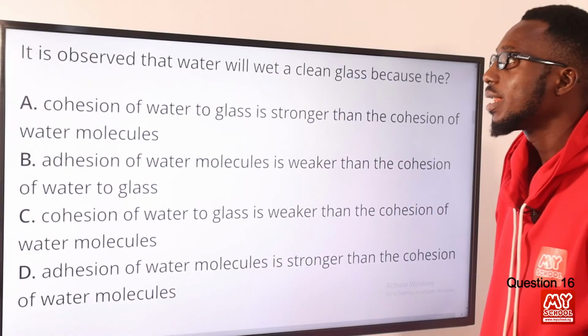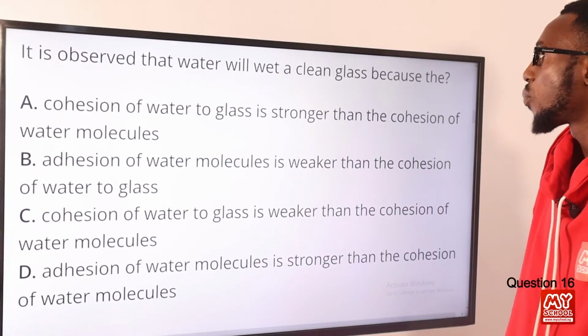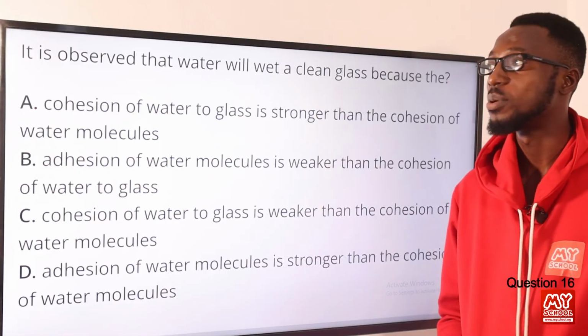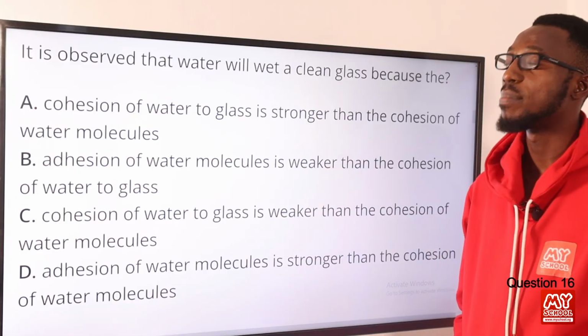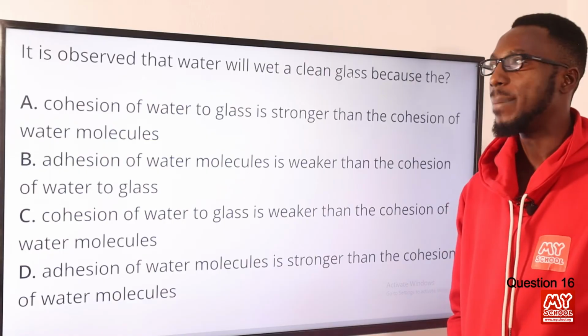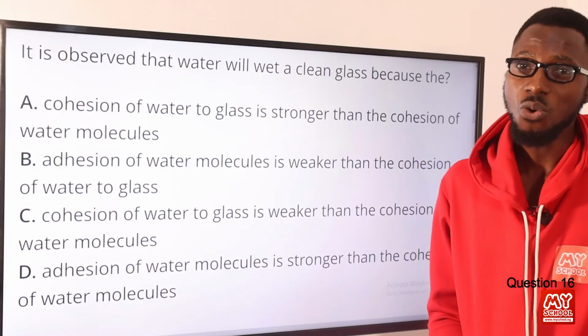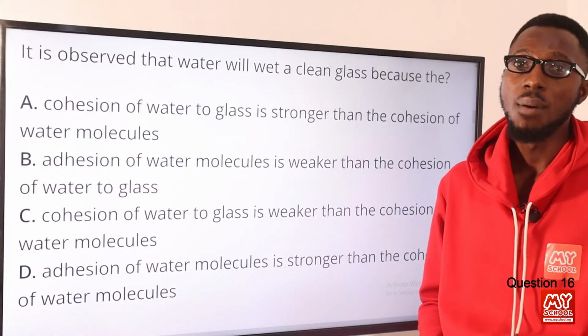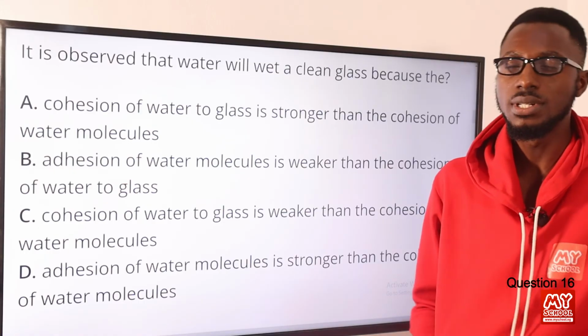Question 16. It is observed that water will wet a clean glass because why? If you want to really explain capillary action, we need two basic concepts, which are cohesion and adhesion. Cohesion is the attraction between molecules of the same kind. Adhesion is between different kinds.